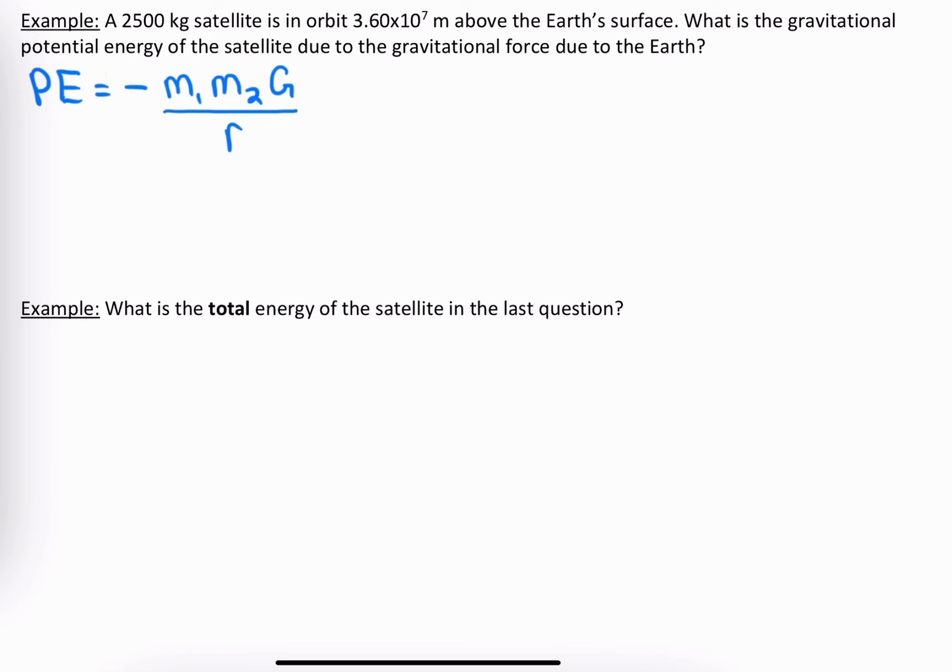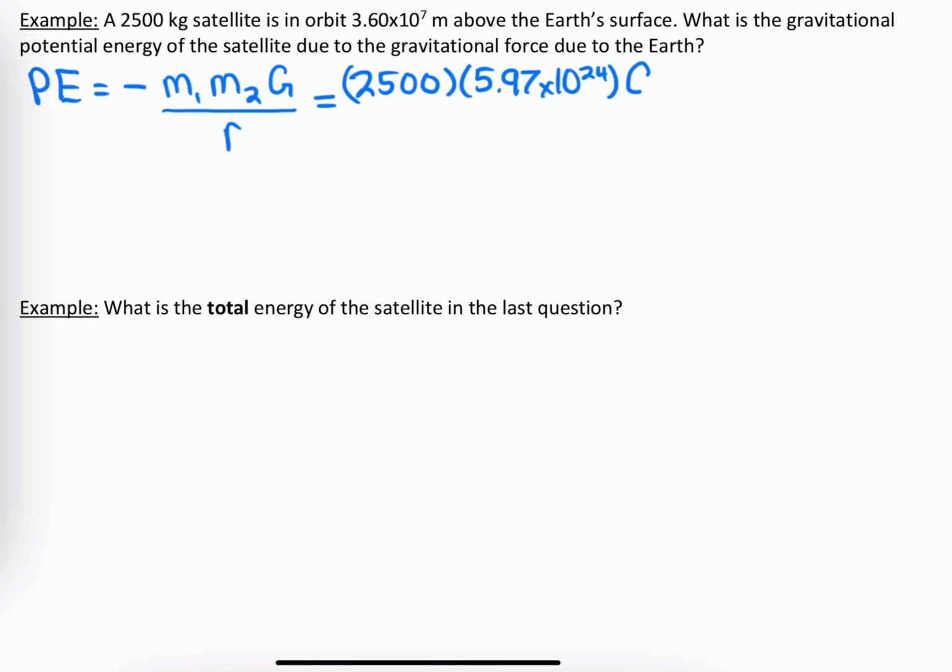Okay, so in this case, m1, let's call that the mass of my satellite. 2,500. m2, mass of Earth. Big G, I won't bother writing it out. It's like pi, we all know what it is.